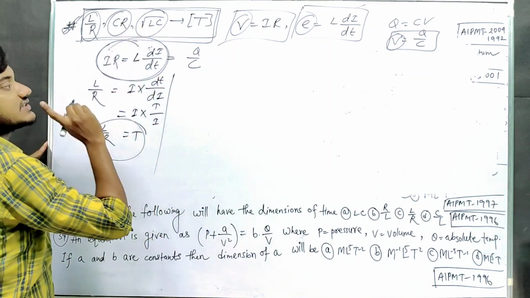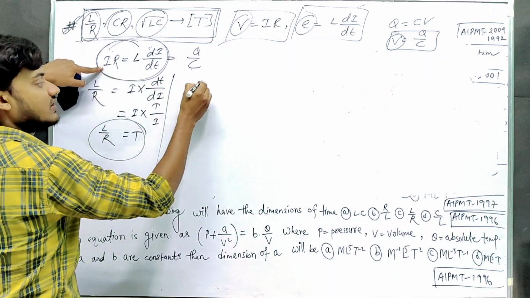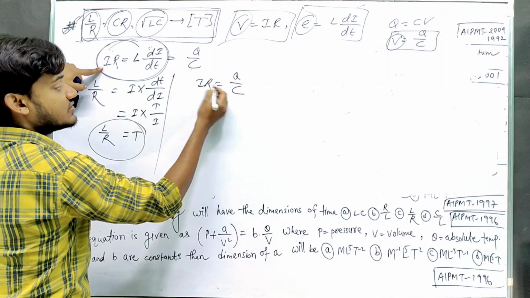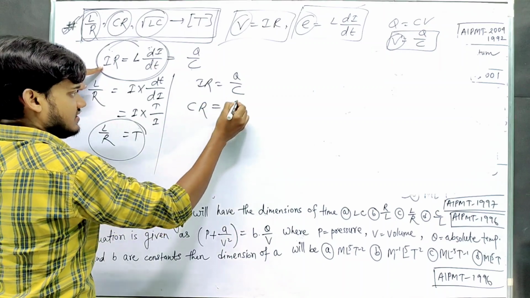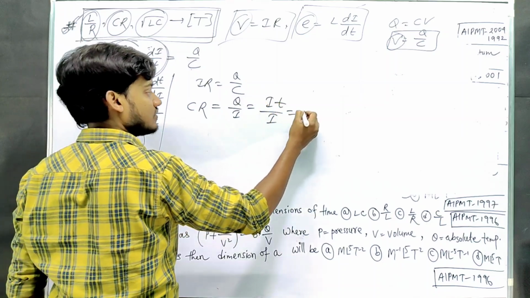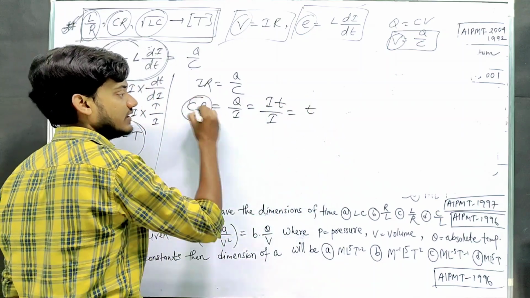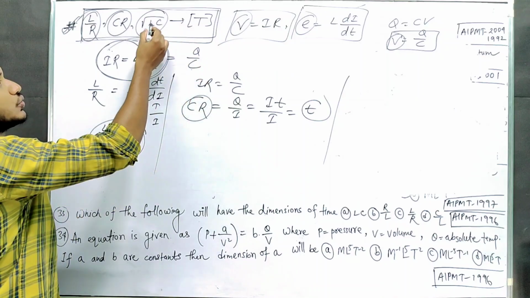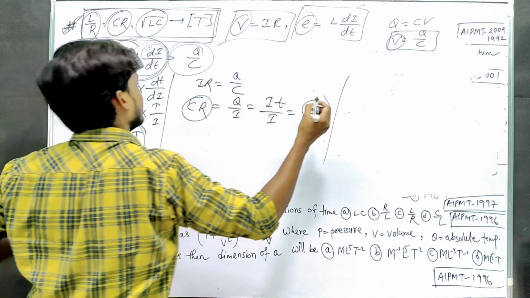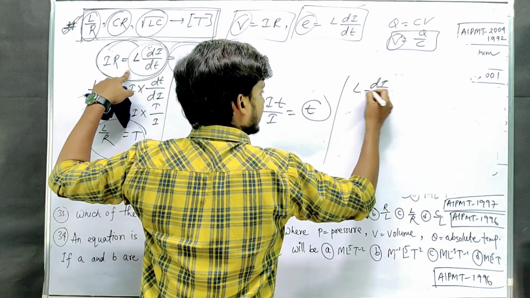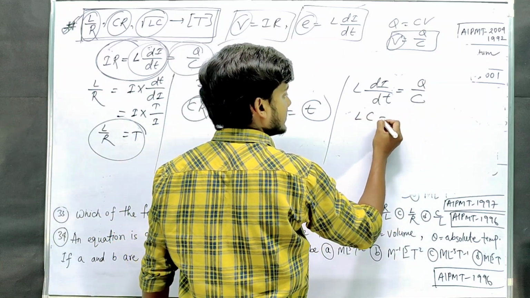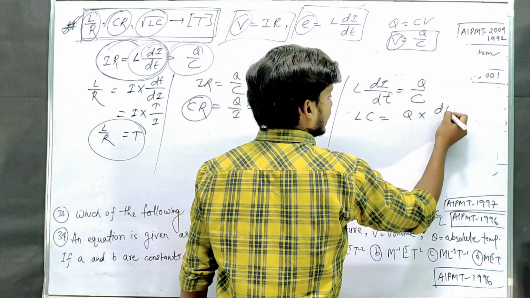Next, CR. We have IR equals Q by C, so CR equals Q by I. Q equals IT, so I cancels out, only T remains, yes or no? The dimension of T. Next, root LC. We have L di by dt equals Q by C. So LC equals Q into dt by di.